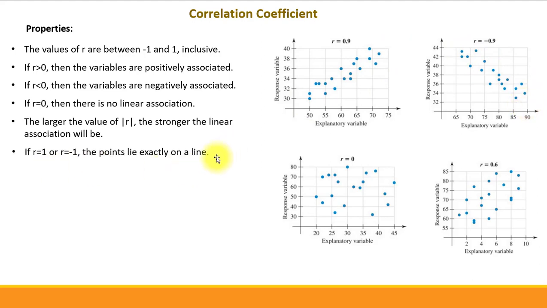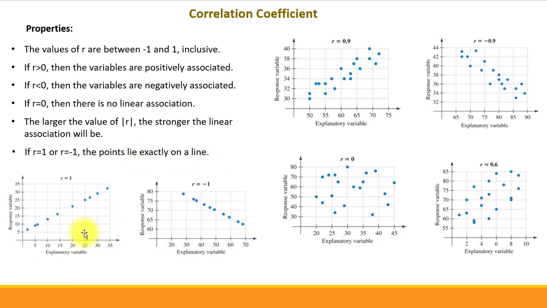And finally, the last property. We just said that the further away the correlation coefficient is from 0, the stronger the linear association will be. What if it's at 1 or -1? Well, that's when the association is the strongest, which we call the exact association. And that's when points of the scatter diagram lie exactly on a line. These two pictures illustrate this case.